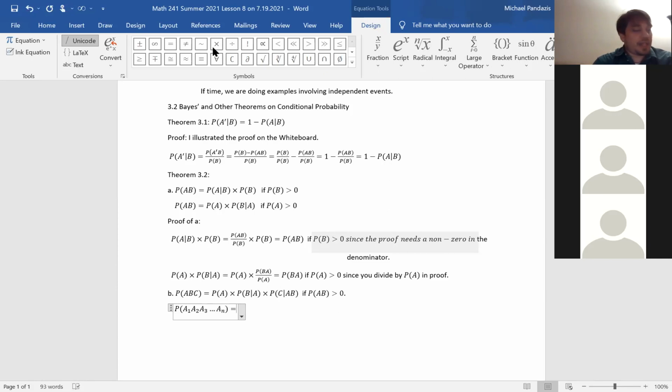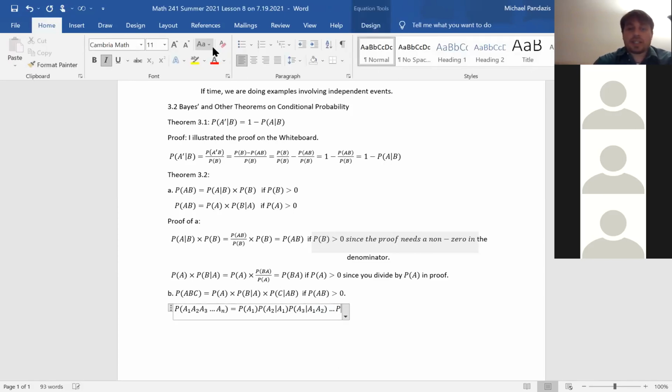The probability of that is equal to P of A1 times P of A2 given A1 times the probability of A3 given A1, A2.